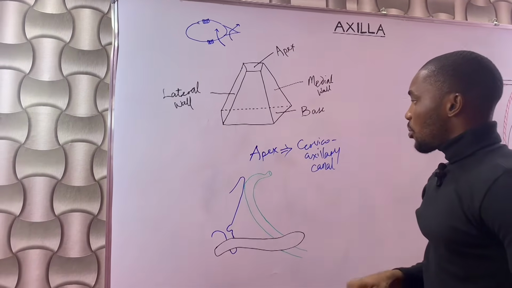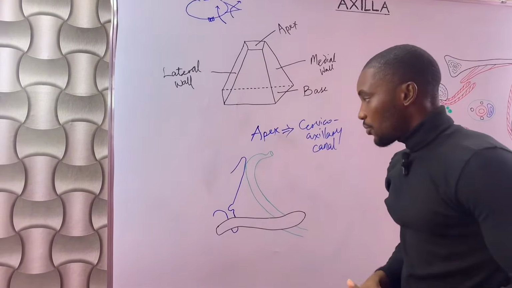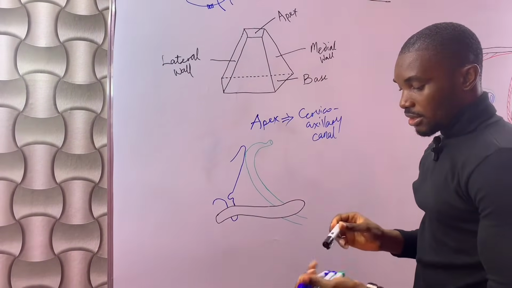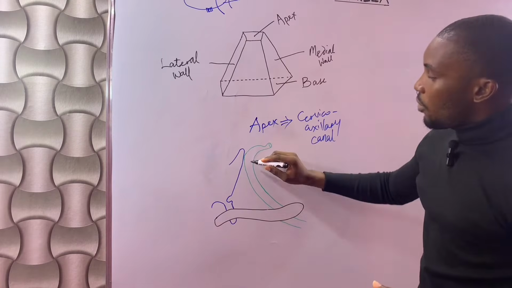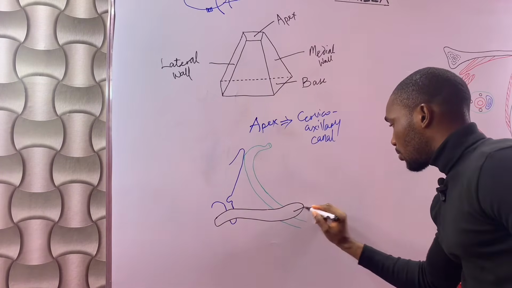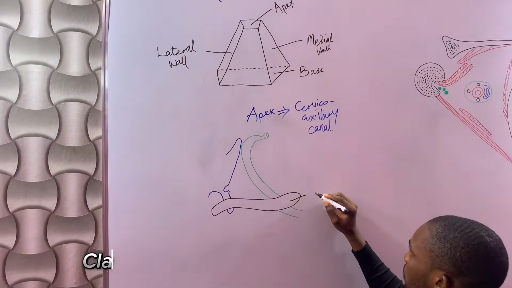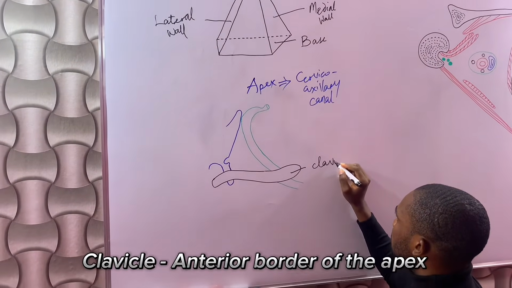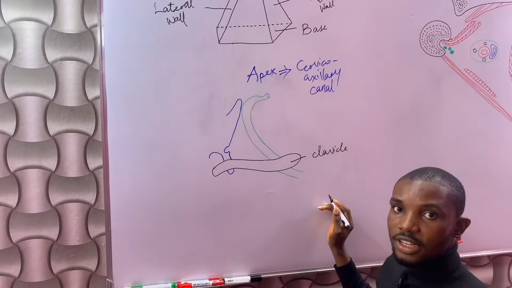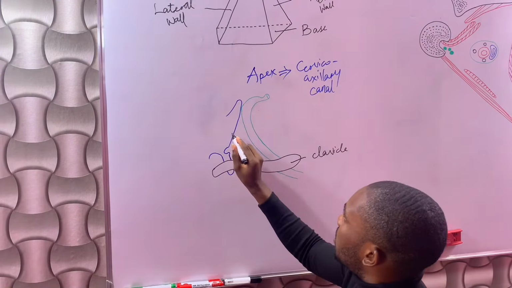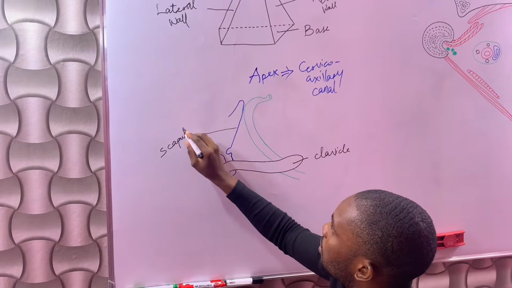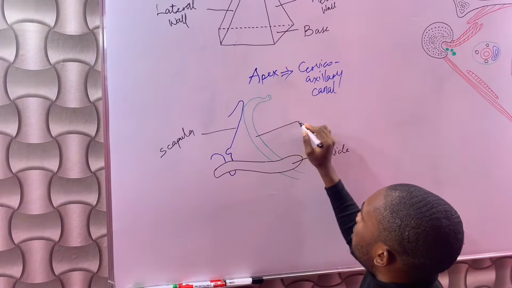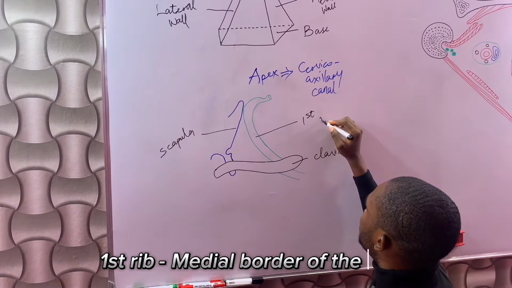So, looking at the apex, the cervico-axillary canal, we have the boundaries, or borders, of the apex. One of them is the clavicle. So we have the clavicle, we have the scapula, and we have the first rib.